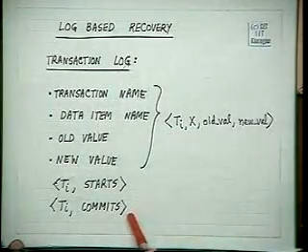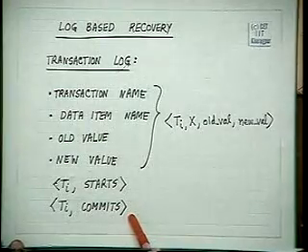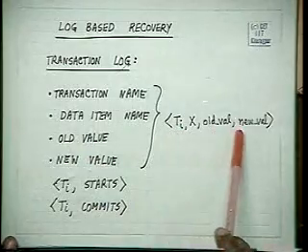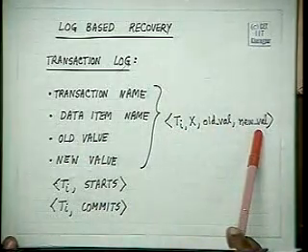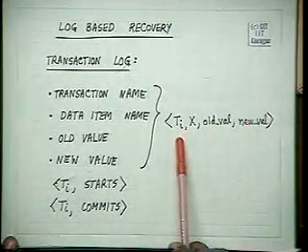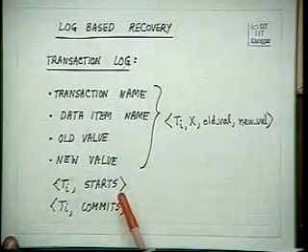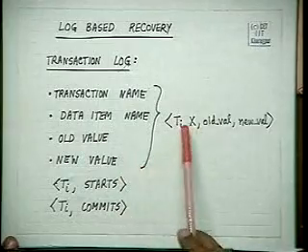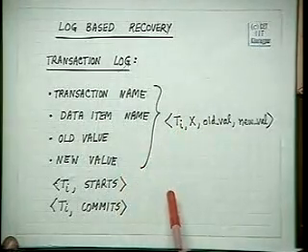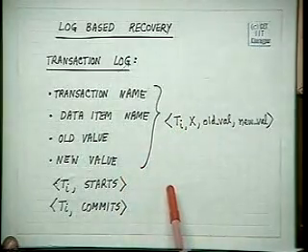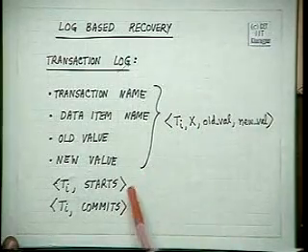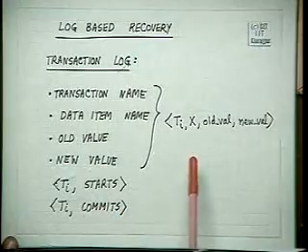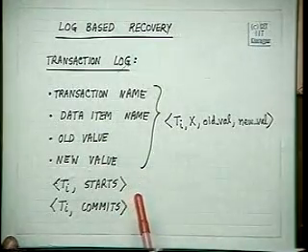After the transaction commits, which means that all the logs corresponding to that transaction are written into the stable storage, and all the data values which are supposed to be written onto the disk corresponding to this transaction are also written into the database, only after that the <Ti commits> log record is put into the stable storage.